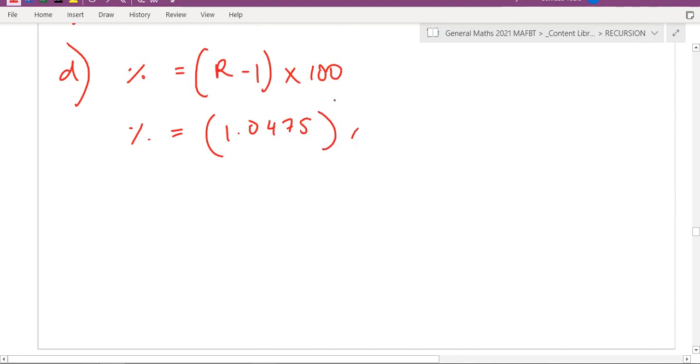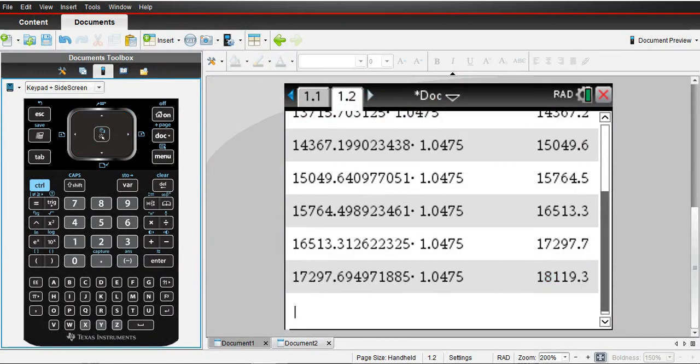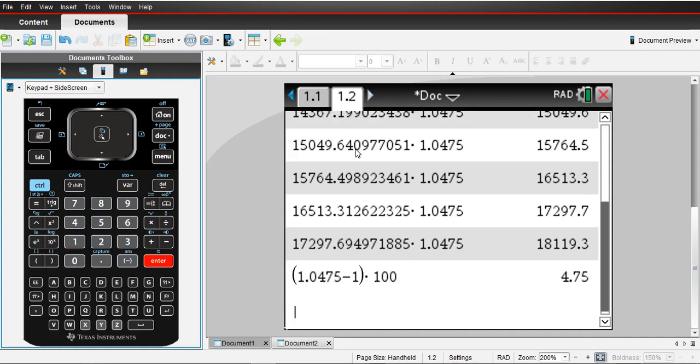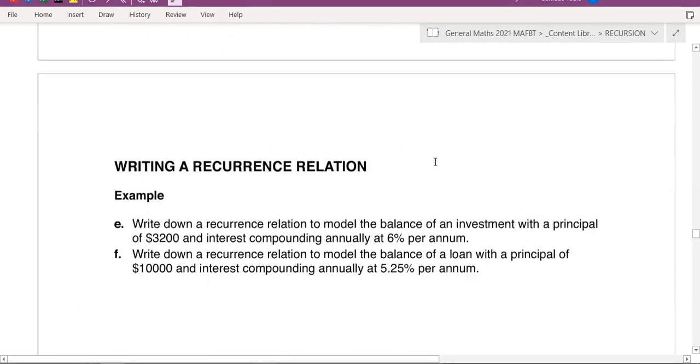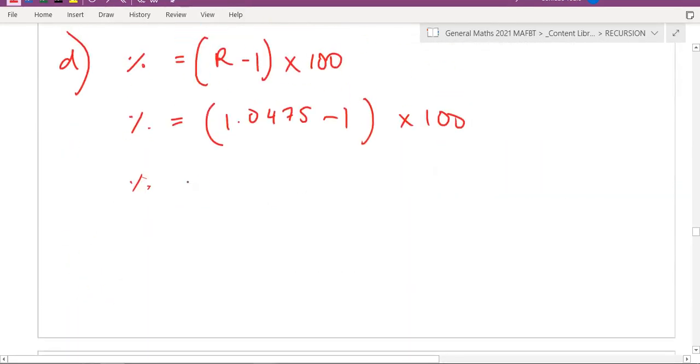And then minus 1 times 100. Make sure you use brackets for this. Minus 1 times 100 gives 4.75, which makes sense. Easy.